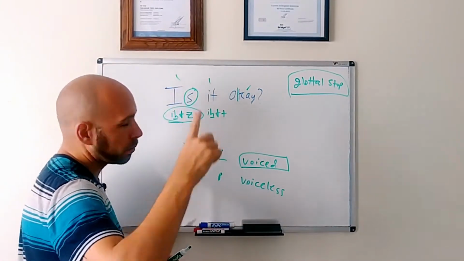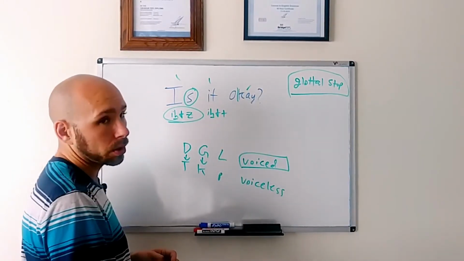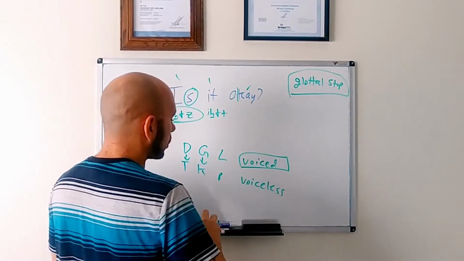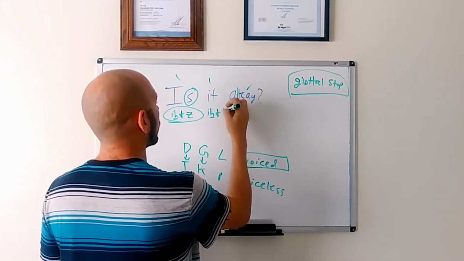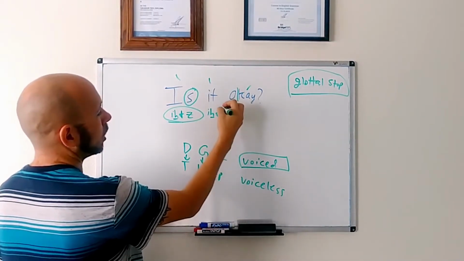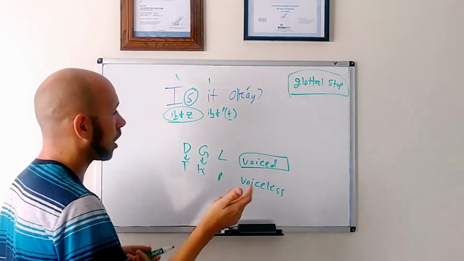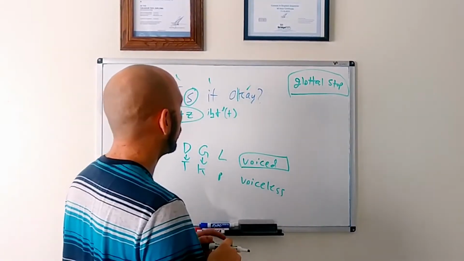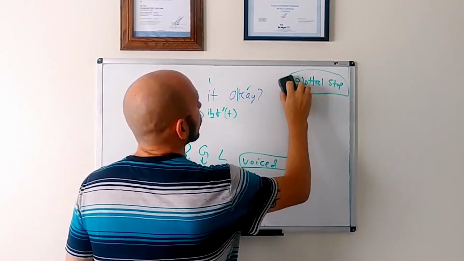More about that in my pronunciation course, but a T sound at the end of a word, if it doesn't connect to anything afterwards, is a glottal stop, which I will usually write like this. This is the symbol I use to mean glottal stop. That's just how I write it; there's nothing special.